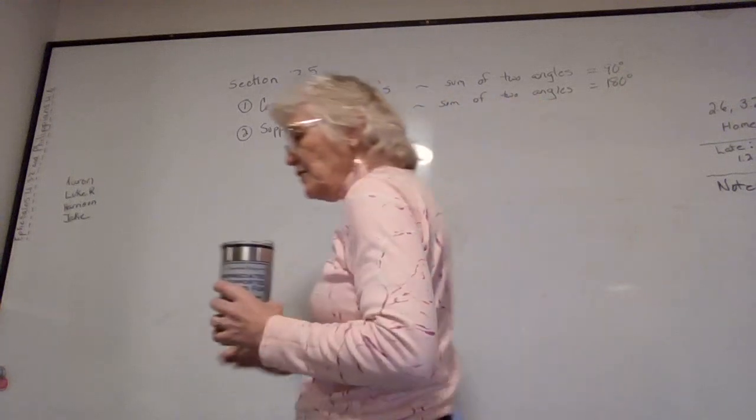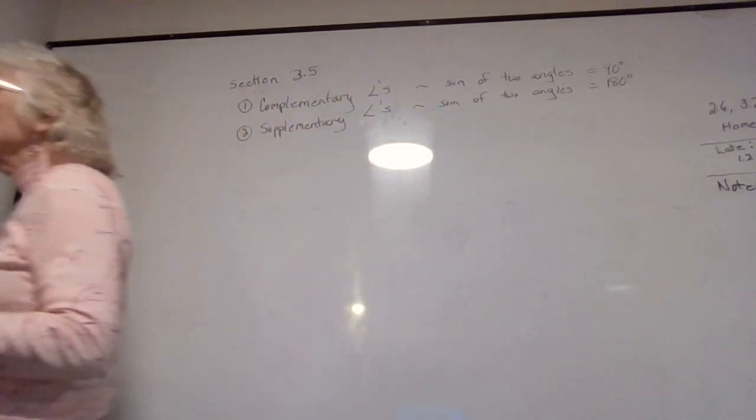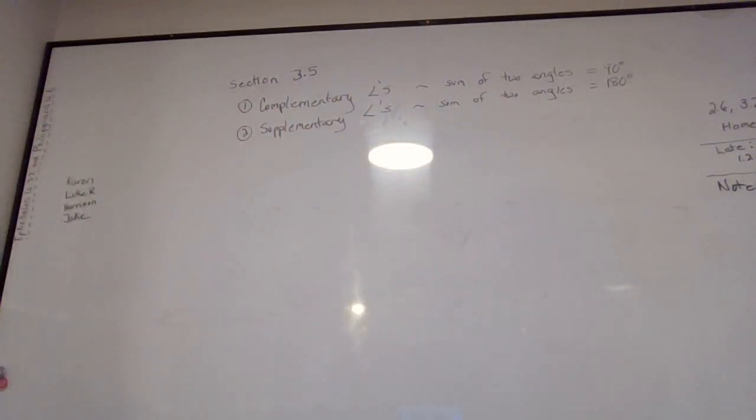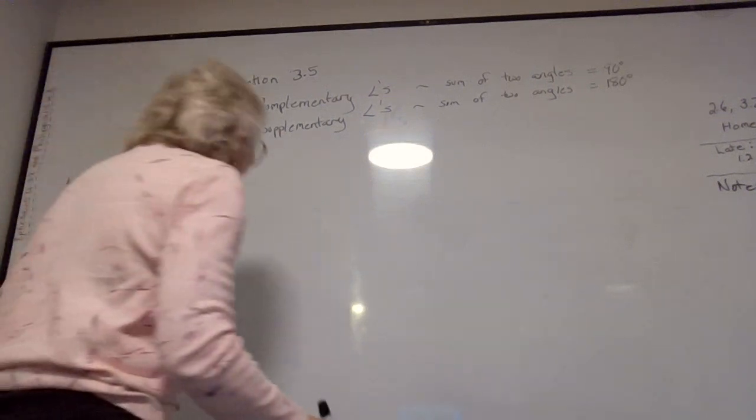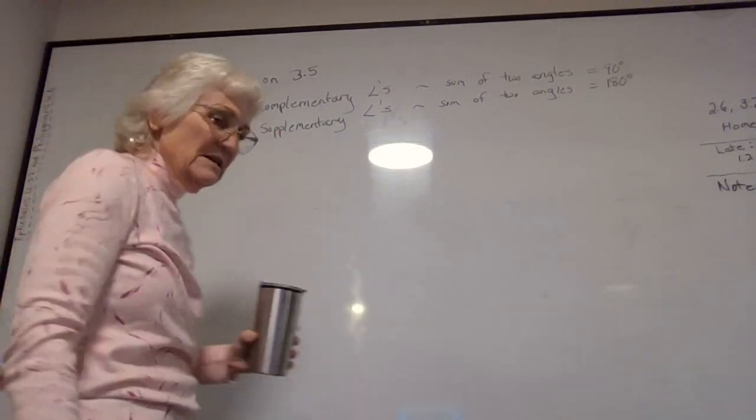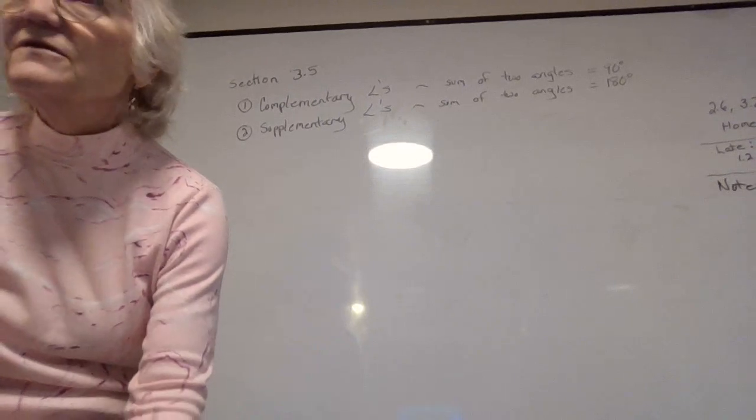So basically, if you can find two angles that add up to 90, they are called complements of one another. They're complementary angles. The way I remember this, because it's hard to remember, I have all sorts of little tricks.